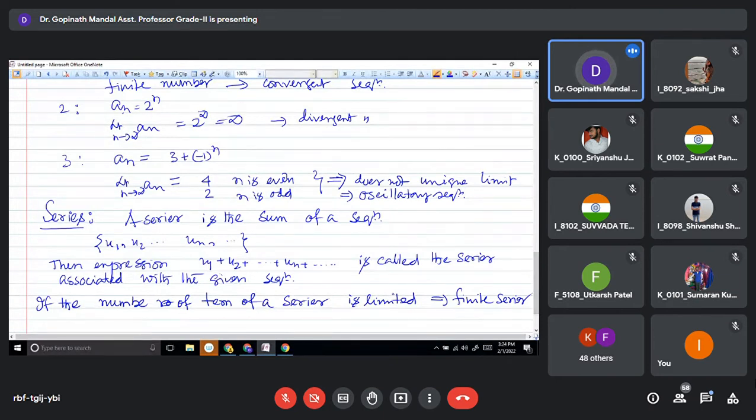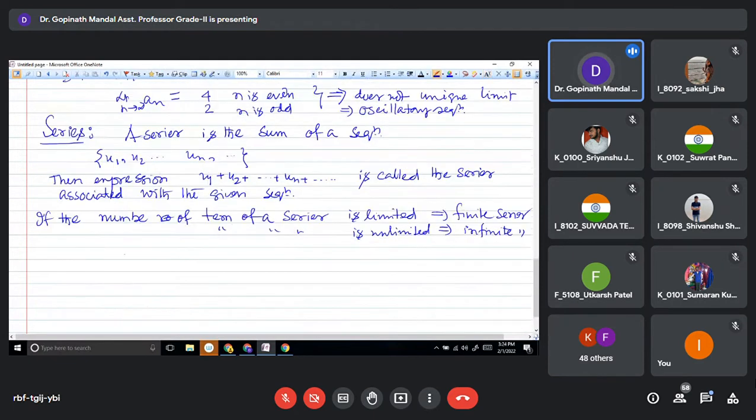And when the number of terms of a series is unlimited, then the series will be called an infinite series. An infinite series is denoted by the sum from n equals 1 to infinity of un, or simply summation un. This is the notation of a series.